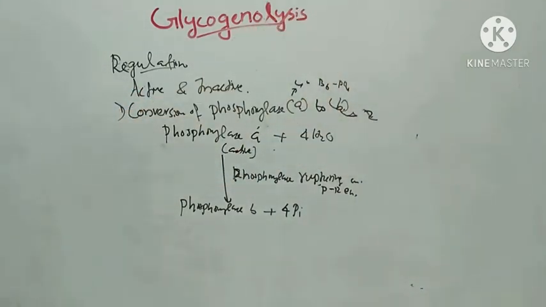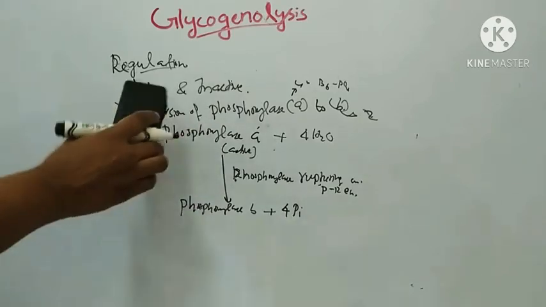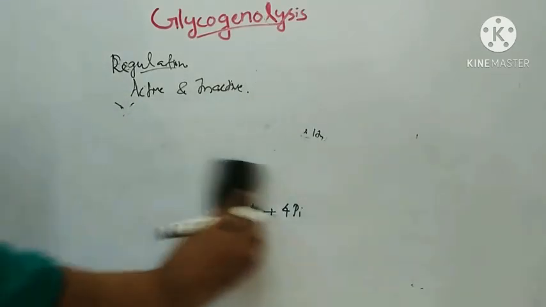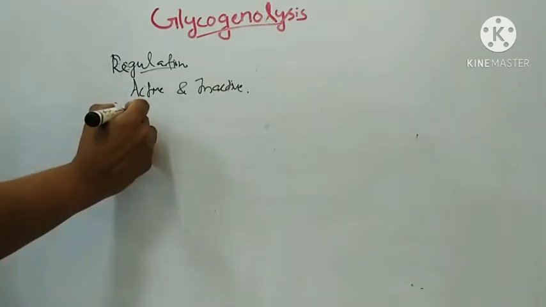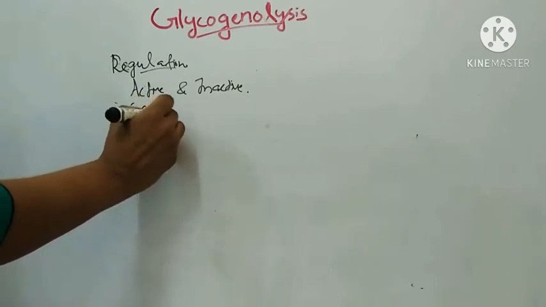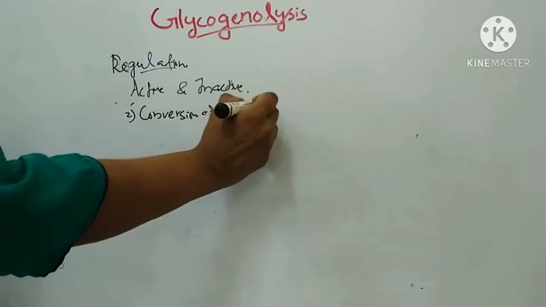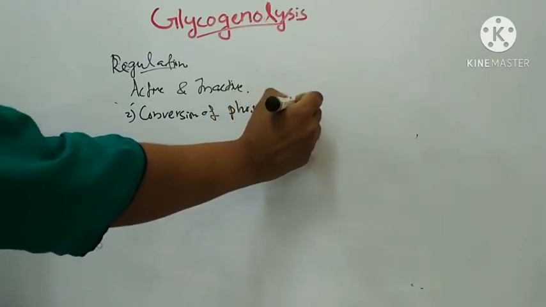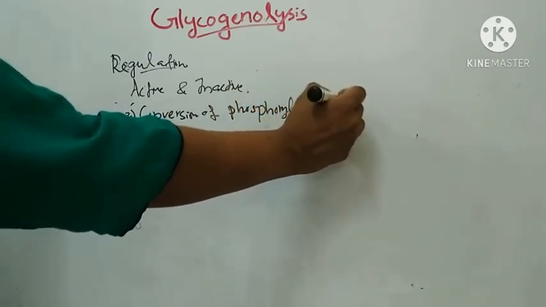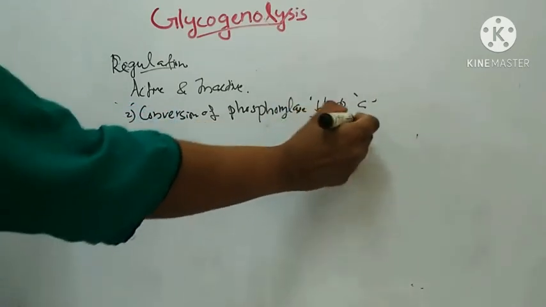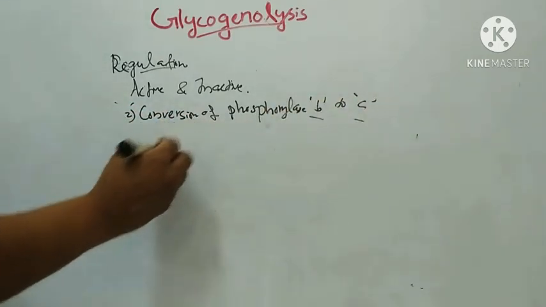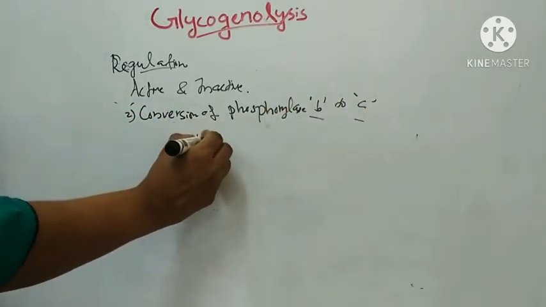Next we will see the conversion of phosphorylase B to A, inactive to active.